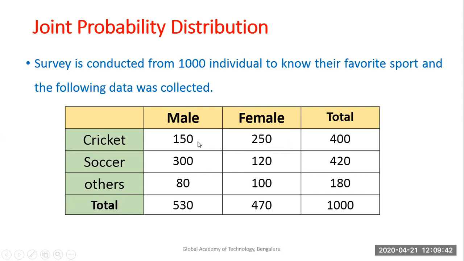If you add this row-wise, there are 400 individuals, irrespective of gender, who like cricket. For 420, soccer is the favorite sport, and for 180 individuals, other sports. All put together, there are 1000 individuals who took part in the survey.